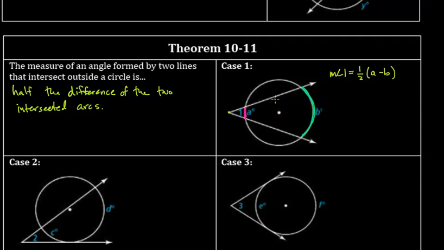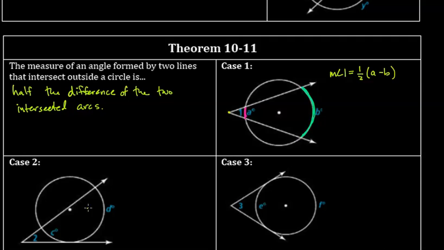Now there's kind of three ways that can happen, right? Case 1 is maybe the most simple to visualize. We have our two lines that are both going to be secant lines. They're going to intersect the circle twice each. All right, and then here we have their intersection point, and so we have that angle that's outside my circle. But the other possibility, because it just says the measure of an angle formed by two lines, well, maybe one of them is a secant line, and the other one is a tangent line, okay?